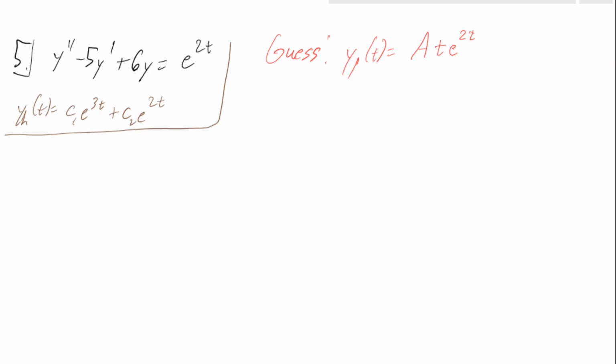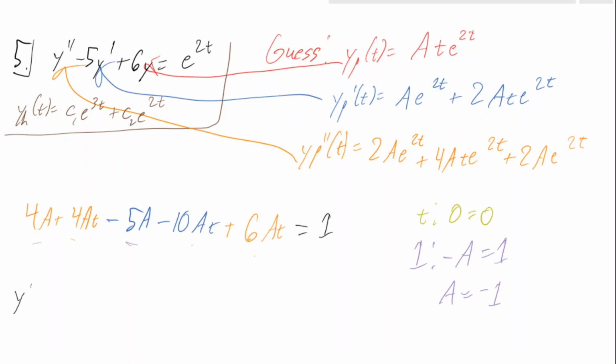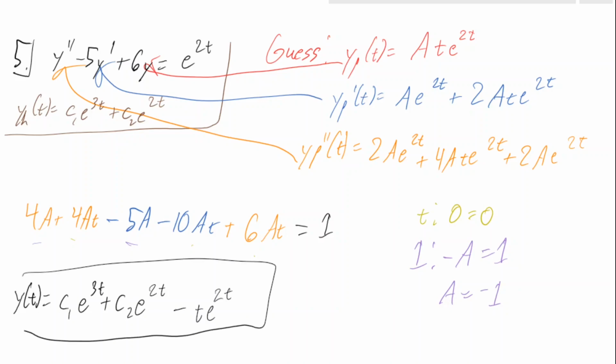So once we multiply it by t and then take the derivatives and plug it in, we could ignore all the e to the 2t's because all the terms are going to have that. And after plugging it into the differential equation, we'll be able to solve for a. And you could check that this is indeed a solution to this ODE.